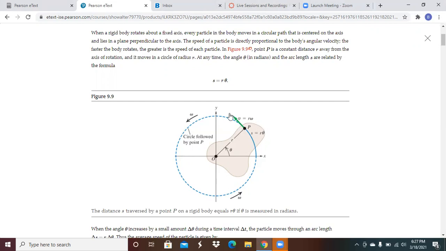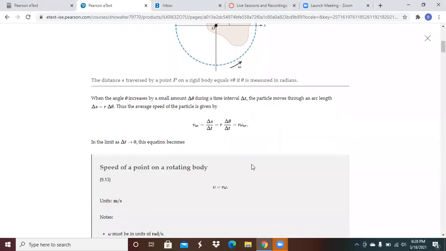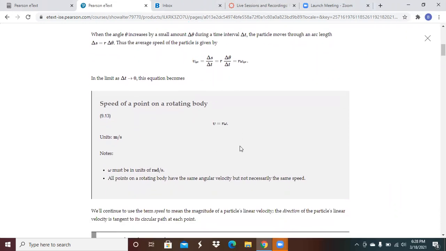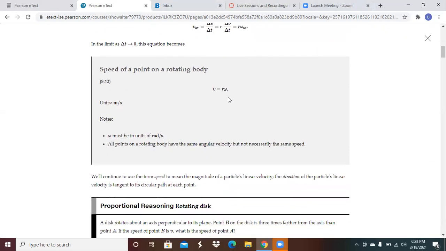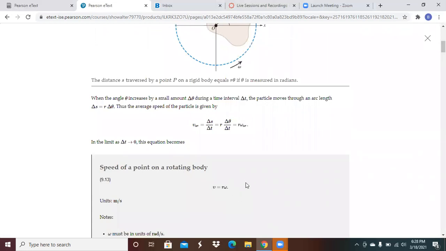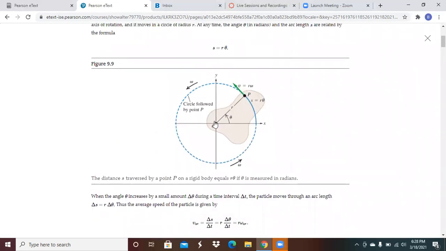Since the radius doesn't change, this relationship comes about. And that's what they're trying to hammer home here with this particular note. The speed of a point on a rotating body is what we are talking about here. Again, the radius is defined as the distance between the axis of rotation and this point.